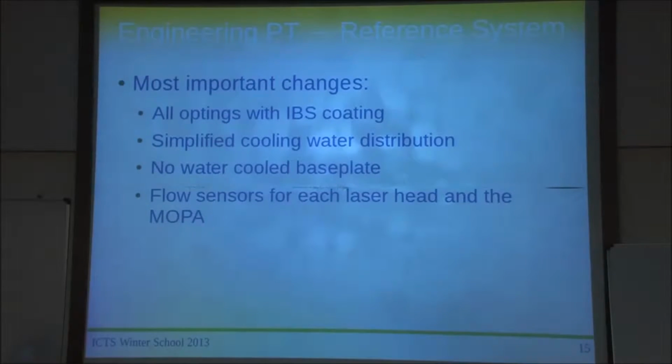We not only use these reinforced hoses, we also simplified the water system, because when we did this fix I was talking about, we really figured out that it's hard to swap hoses and so on, so we simplified that a bit. We figured out from these temperature sensors which we had that we don't need a water-cooled baseplate, so that was a great relief for us, because for the engineering prototype we had this huge breadboard which we used for that laser, and we actually put some water pipes in it.